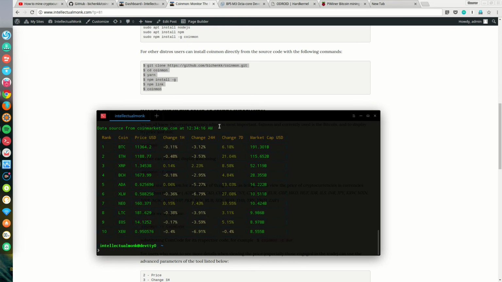So just by typing Coinmon, you can check the rate of the 10 most famous currencies, which are right now Bitcoin, Ethereum, XRP, BCH, ADA, XLM, NEO, Litecoin, EOS, XCM. Price in US dollar.